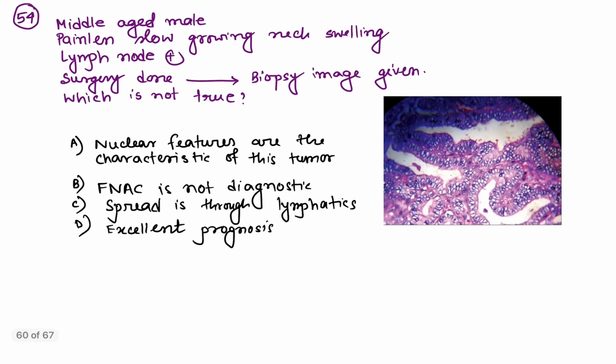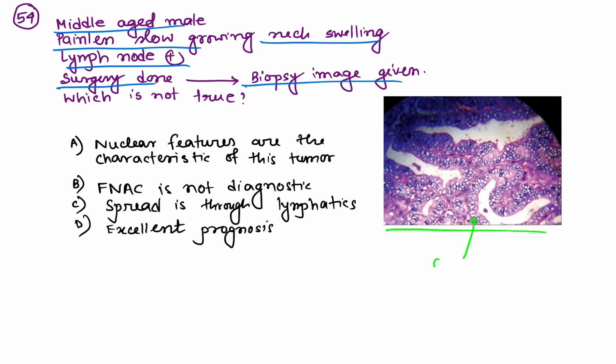Next, coming to question number 54, a middle aged male with painless slow growing neck swelling. So neck swelling, slow growing, painless, lymph node involvement is there, surgery done and a biopsy image is given. So see here the typical biopsy image. This is showing typical features of Orphan Annie nuclei.